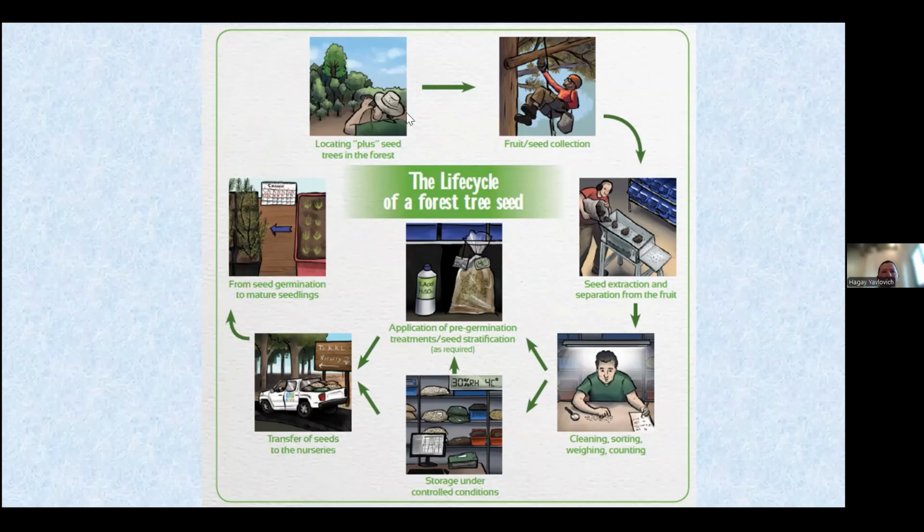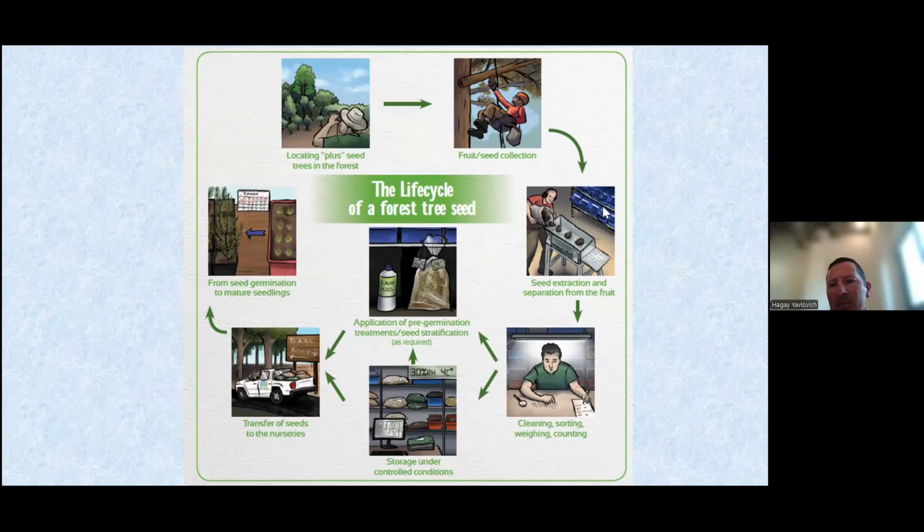We're locating plus seed trees in the forest. Then we collect the fruit or the seed from the tree. Then we extract and separate the seed from the fruit. We clean the seed, we sort them, weigh them, count them, so we know how many seeds we have.